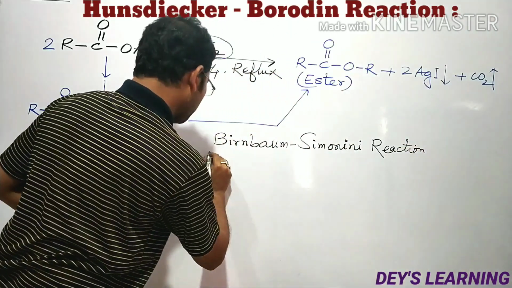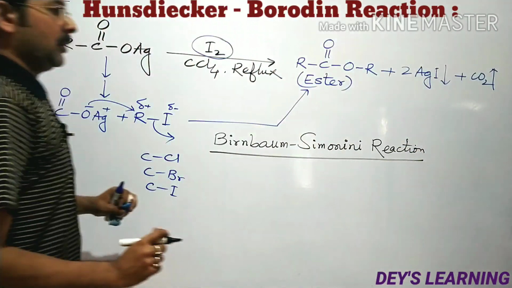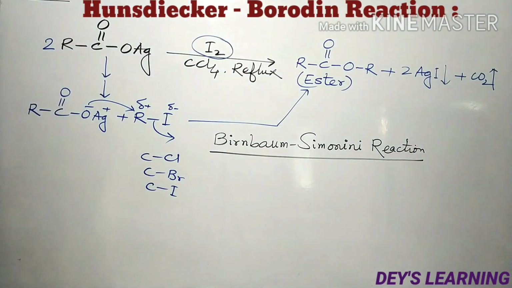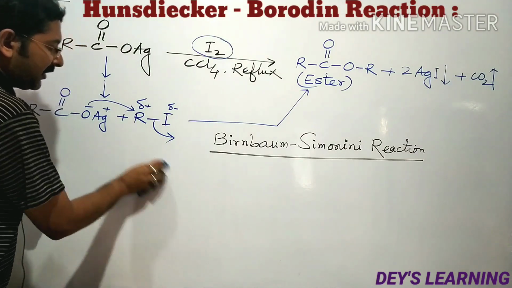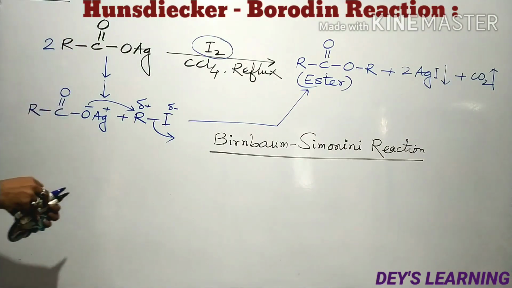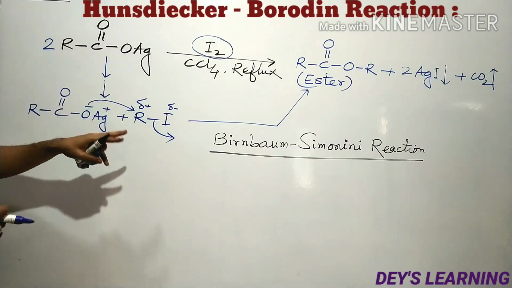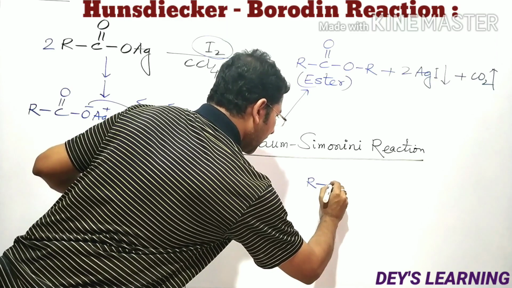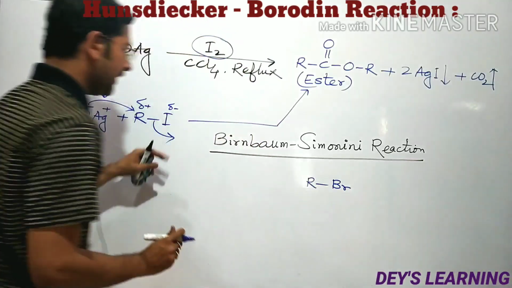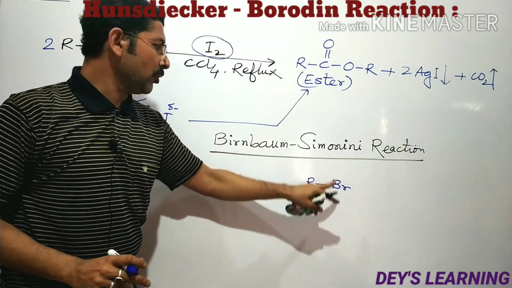This is a special type of Borodine Hunsdiecker reaction. Okay. I have told the formation of alkyl bromide, and now alkyl iodide or ester will be formed.